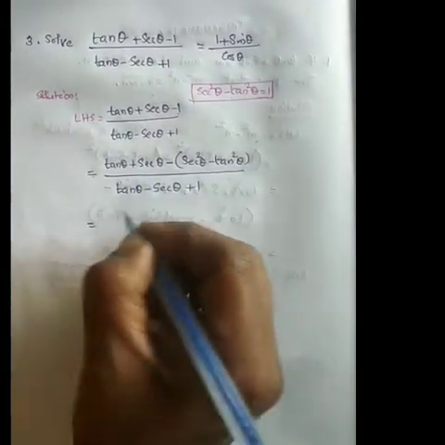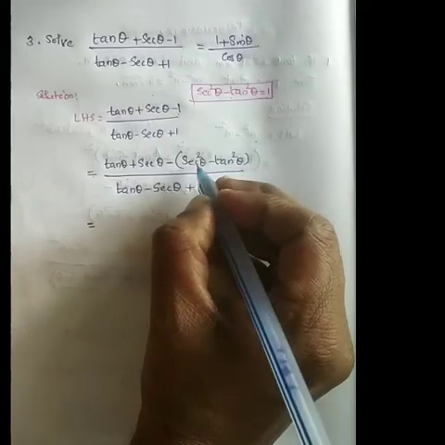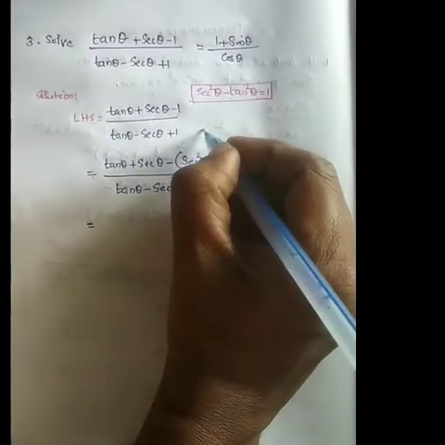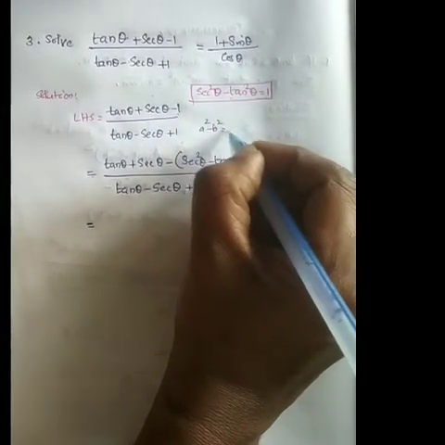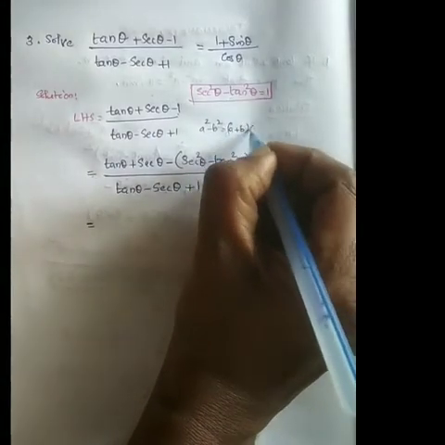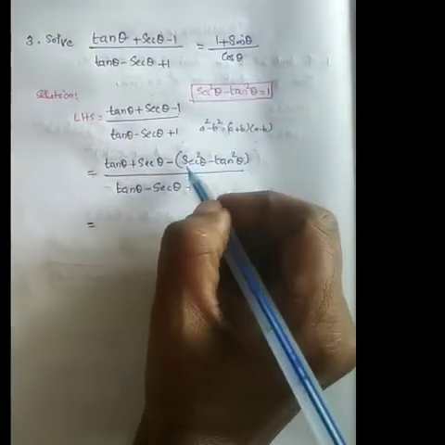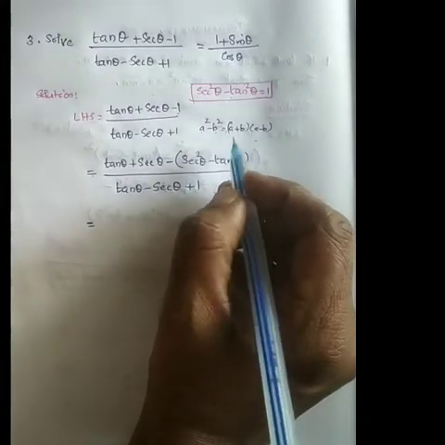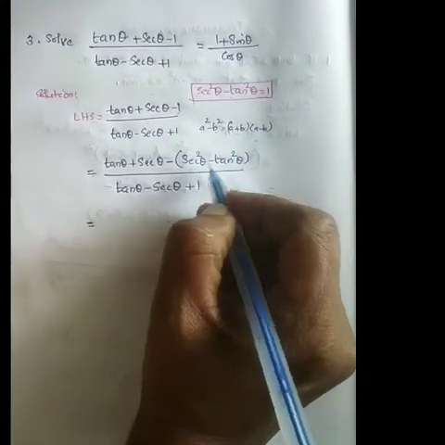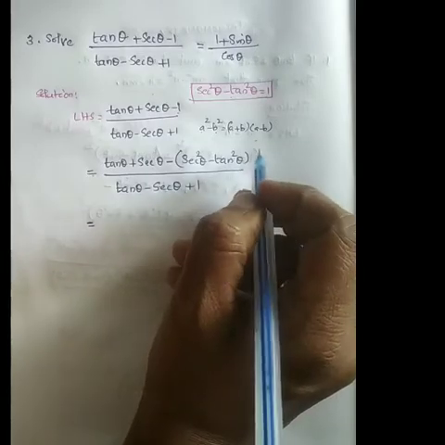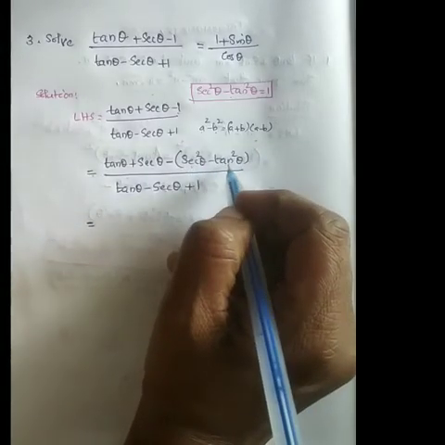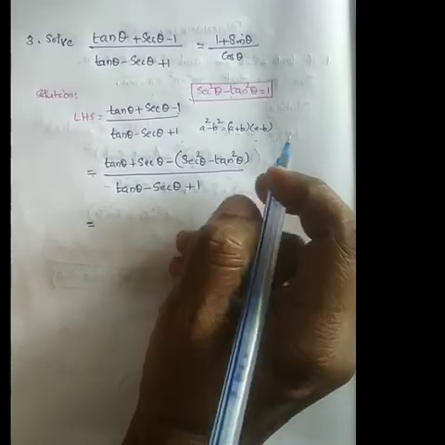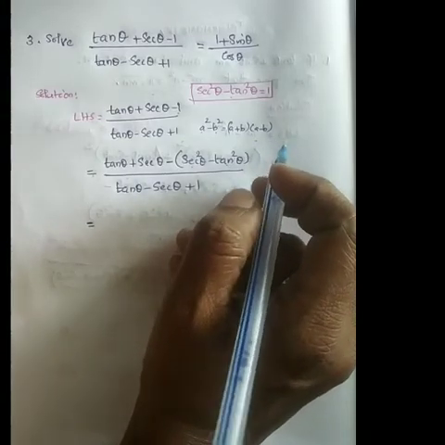See, we know that a square minus b square is a plus b into a minus b, and here this term is of the form a square minus b square, and we can split sec square theta minus tan square theta as sec theta minus tan theta into sec theta plus tan theta.